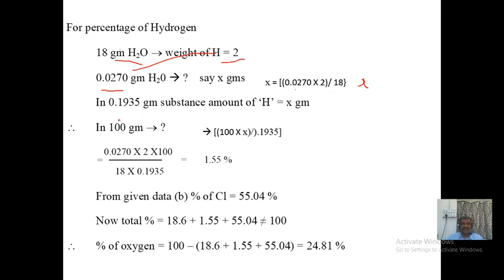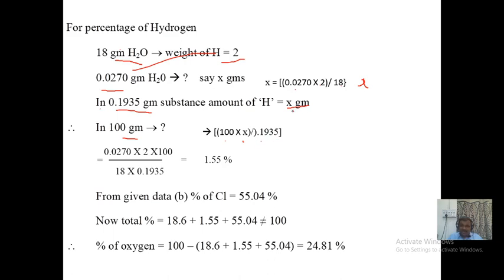I want to convert it into what? Percentage. Therefore, suppose 0.1935 gram substance gives me x gram of the hydrogen. Percentage is always based on 100. Therefore, 100 gram will correspond to what? So, 100 multiplied by x divided by this weight, that is 0.1935.